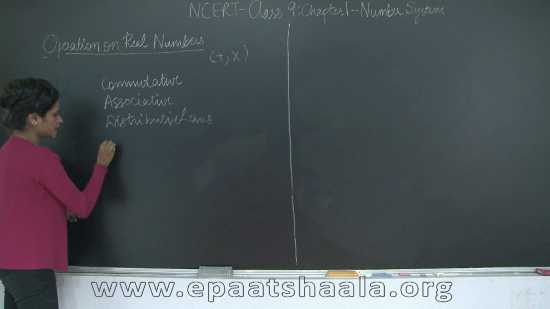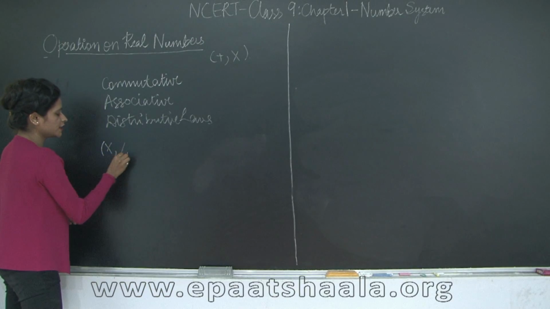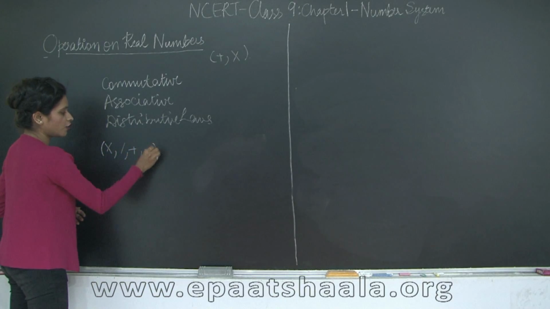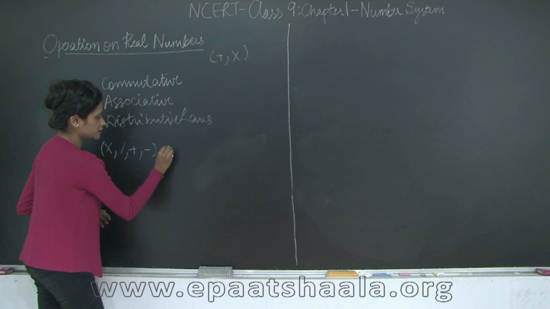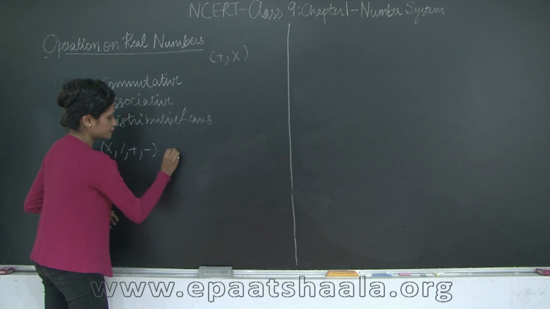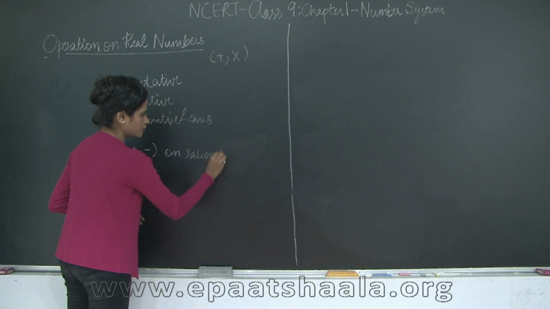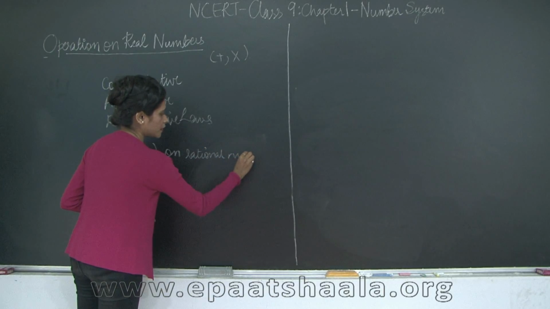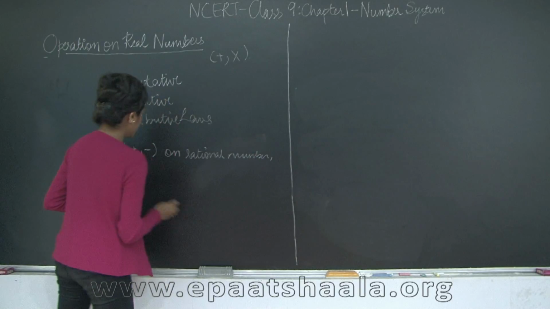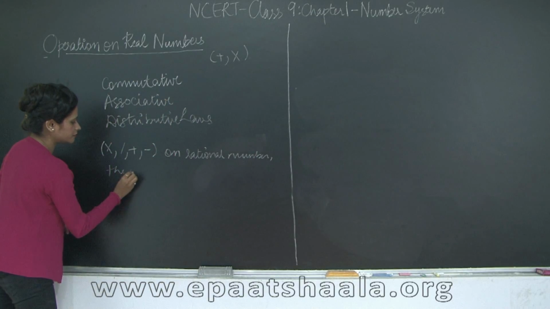So operations such as multiplication, division, addition and subtraction on rational numbers, the output will be a rational number.